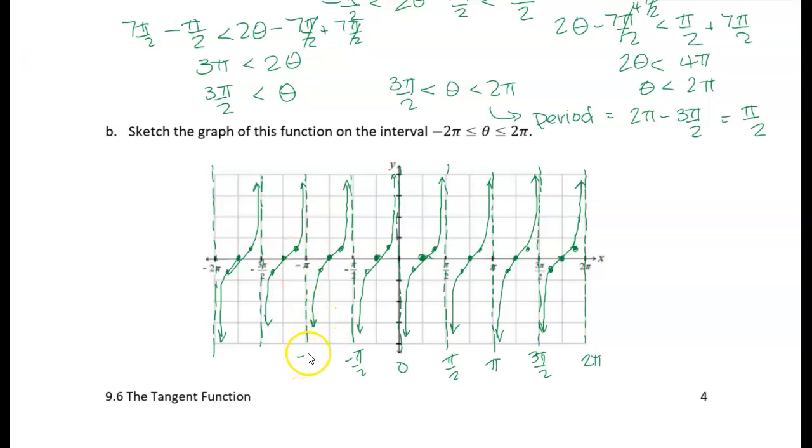Minus pi. This is minus 3 pi over 2. And this is minus 2 pi. Okay, so these are all values where x is constant. So it's x is equal to all of these values, minus pi over 2, minus 3 pi over 2, and so on. Okay, so those are my asymptotes.